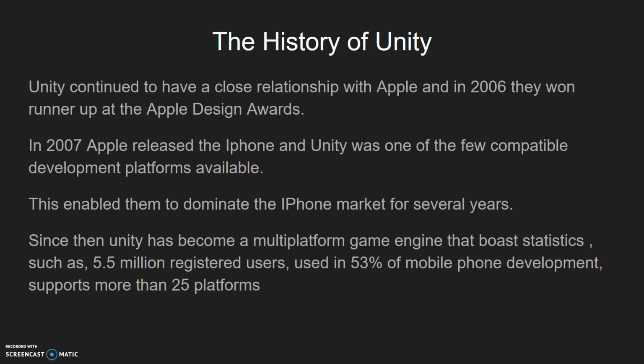Unity at the time was one of the few compatible development platforms. That just meant they were ideally placed to really take advantage of it, and it enabled them to dominate the iPhone market for years and years, pretty much with no competition whatsoever. And that enabled them to put a lot more money and resources in and grow as a company.